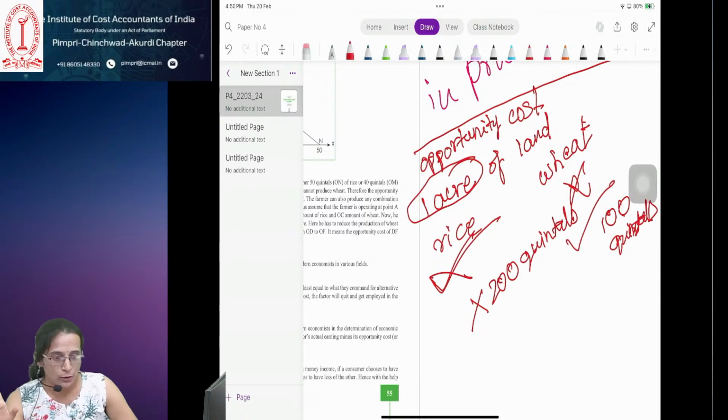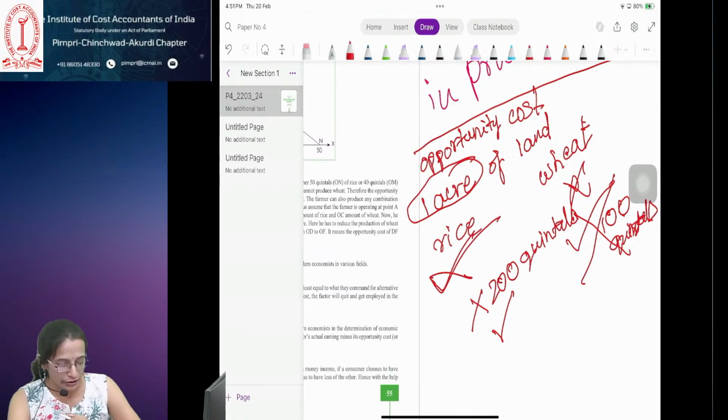Clear on the scenario? Now, if I produce 200 quintals of rice and don't produce any wheat, what is the opportunity cost for rice in quantitative terms? I produce the whole 1 acre of land with rice, I get 200 quintals of rice. So what will be the opportunity cost for that? 100 quintals of wheat. I have to forgo that to produce 200 quintals of rice.